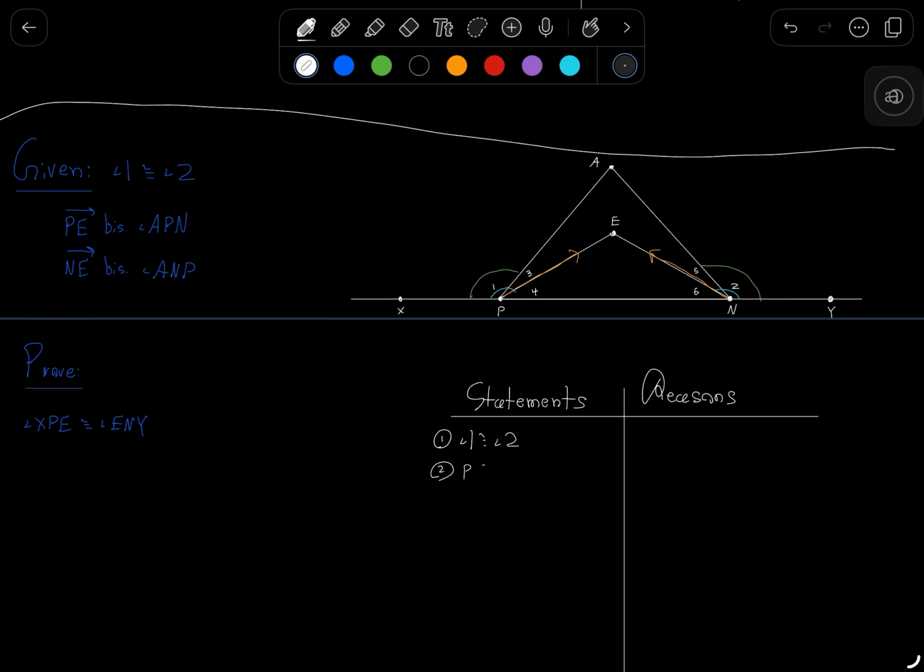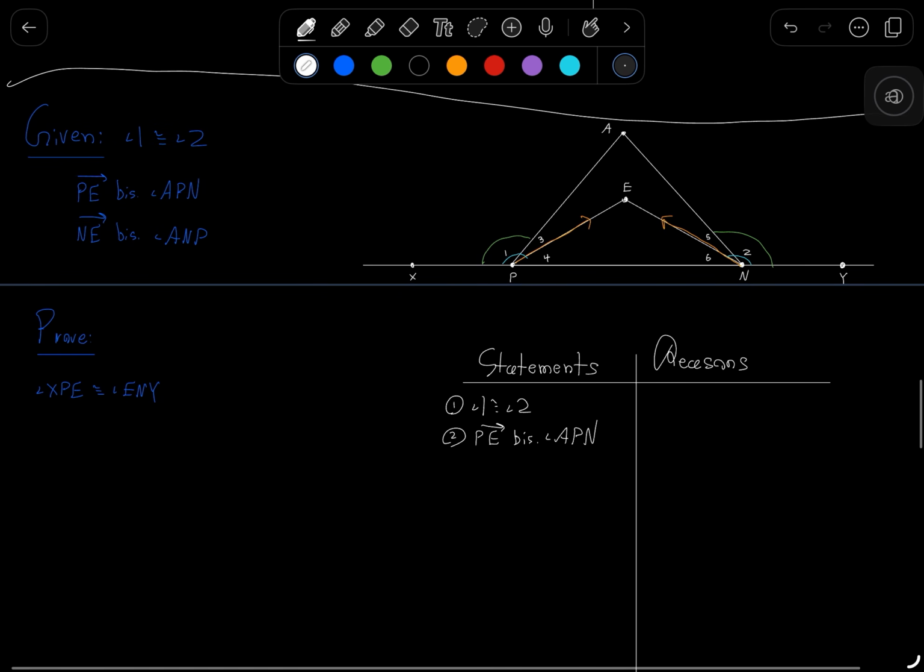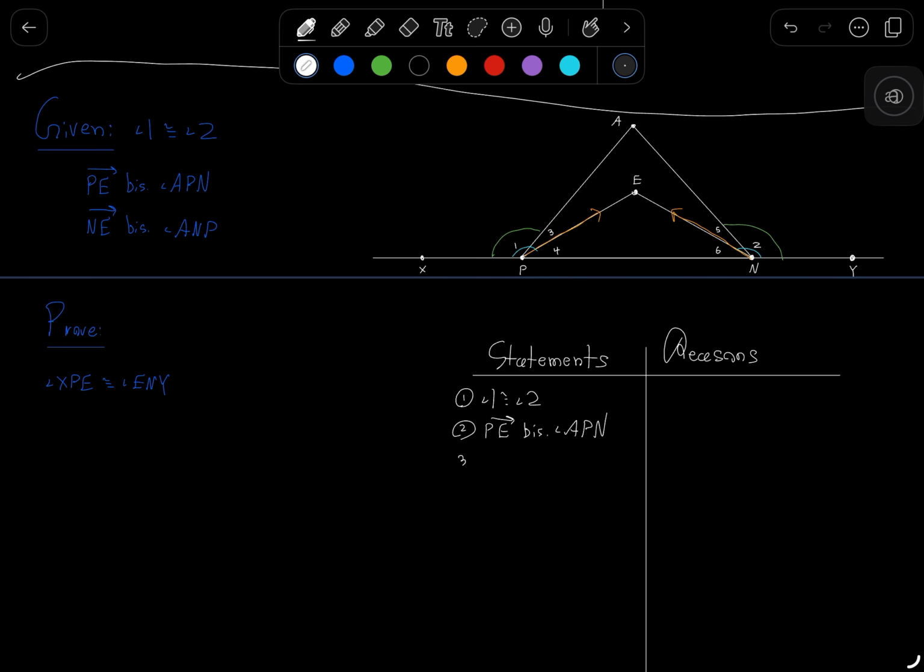We have PE is a bisector. I sometimes use the acronym BIS just to save some time, which is useful on tests when you're doing these long proofs. So again, these are all given.